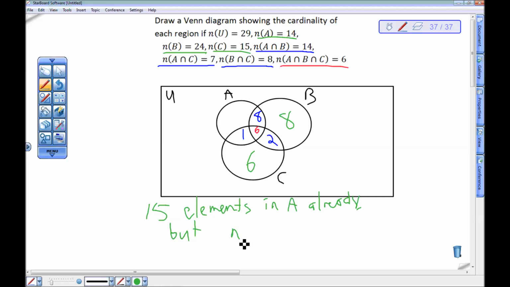But I'm then told n of A is 14. That can't be. All right, someone's made a mistake, and thankfully this time it's not me. I didn't make this mistake, but my data is bad. I need somebody to fix it before I can make this Venn diagram.